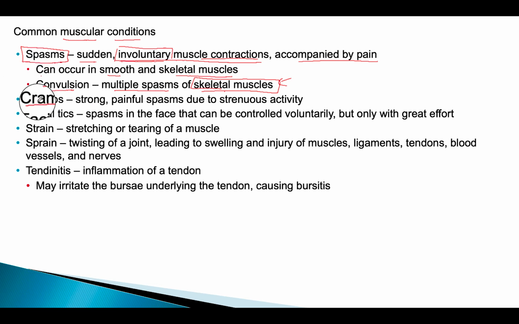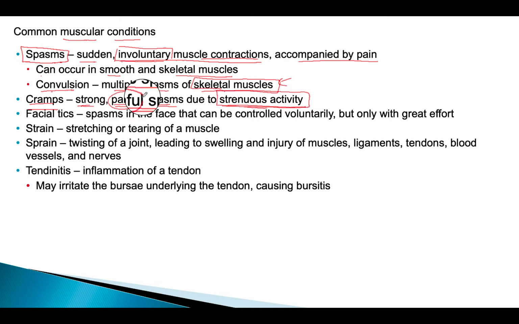So the next one over here is cramps. So what is cramps? Strong, painful spasms due to strenuous activity. If you have ever experienced cramps before, usually cramps occur in the gastrocnemius, more commonly in the lower extremities, it is very, very painful, right? So basically that gastrocnemius is going to be contracting very, very hard, right?